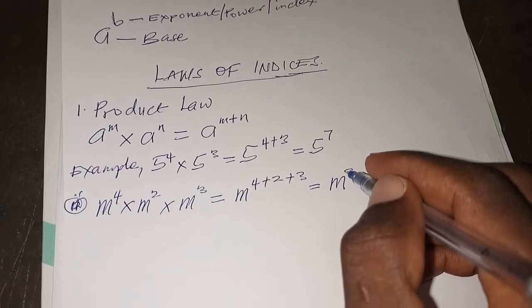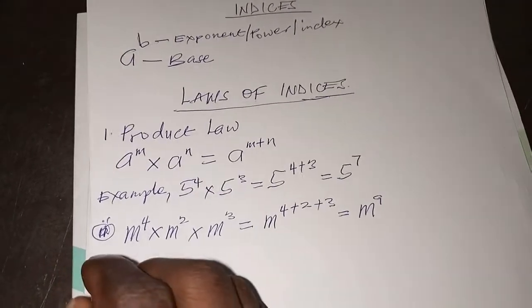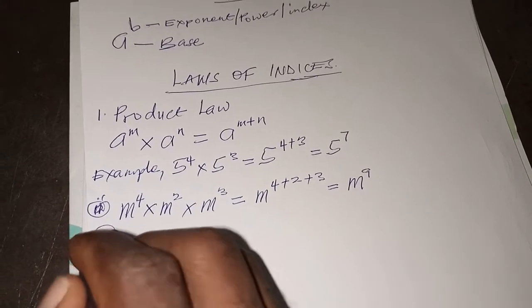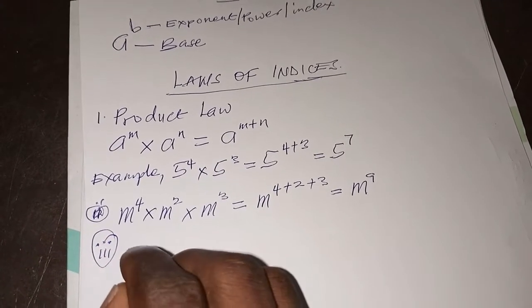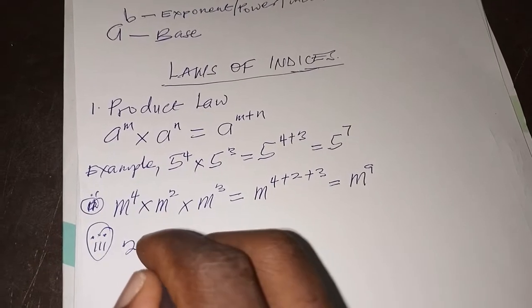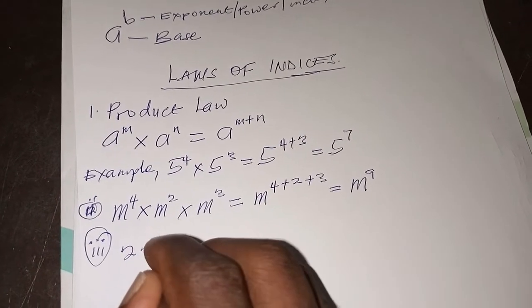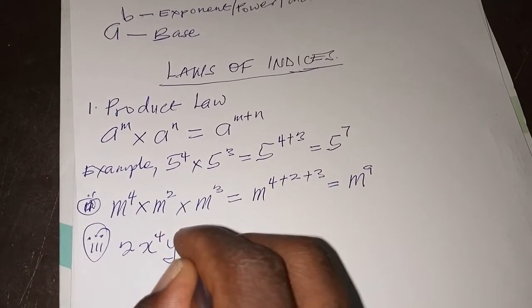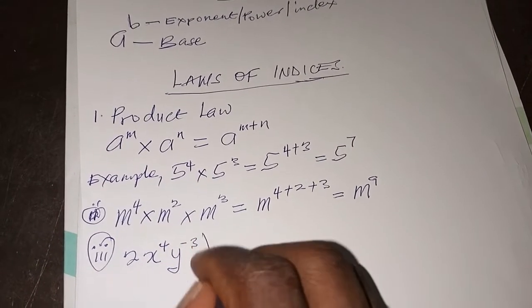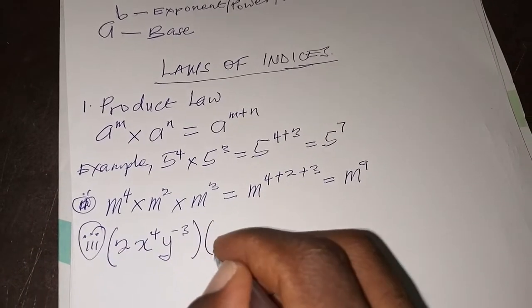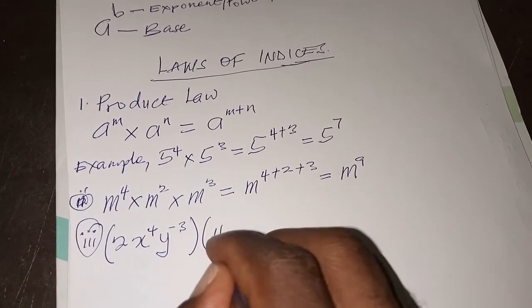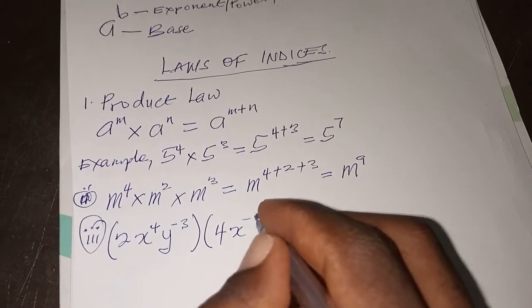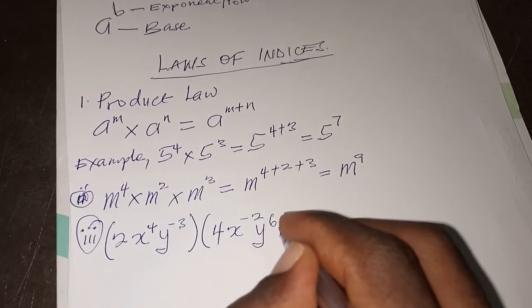Let's take one more example. We have 2x exponent 4 y exponent negative 3, then all of these times 4x exponent negative 2 y exponent 6.